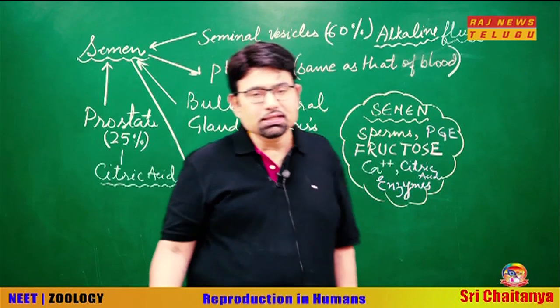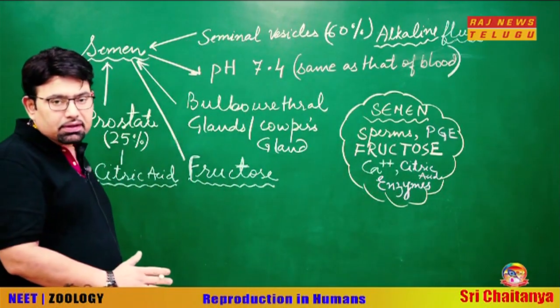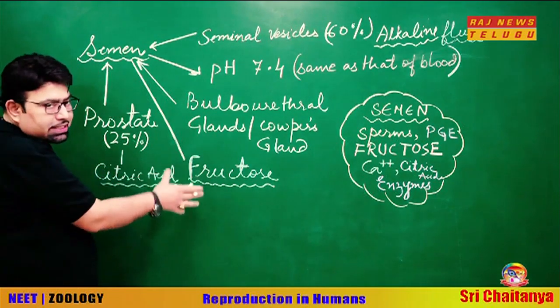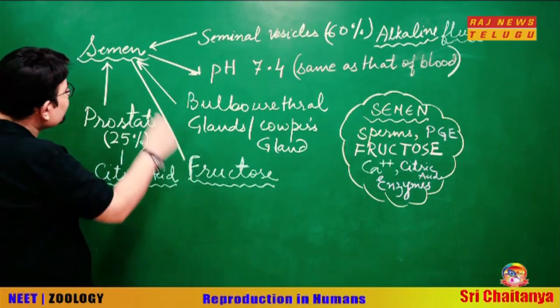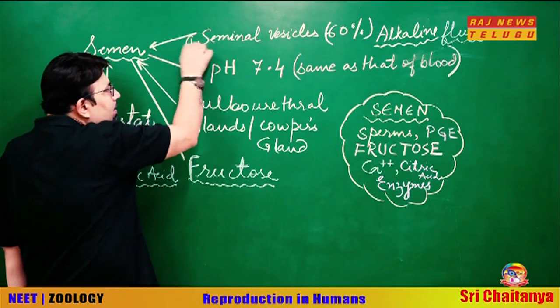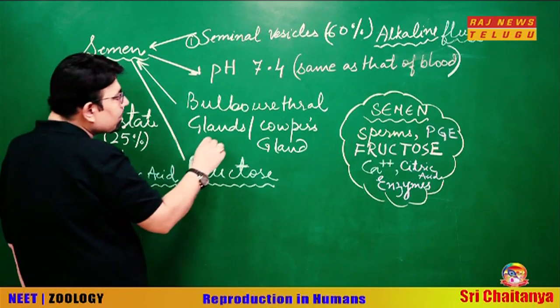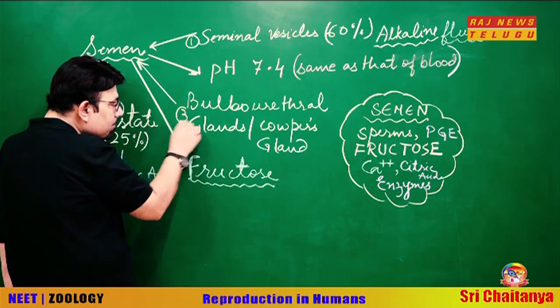Dear students, let us now summarize the semen and also learn some associated points. Recall that semen is produced by the combined secretion of seminal vesicles, prostate gland and bulbourethral glands.